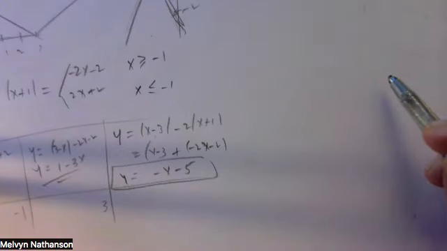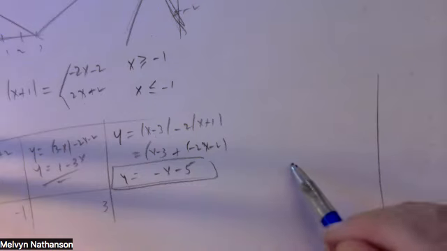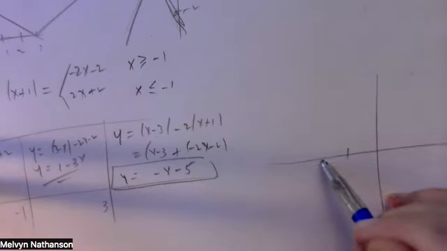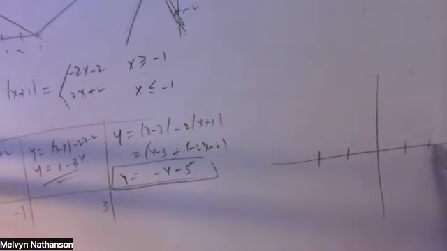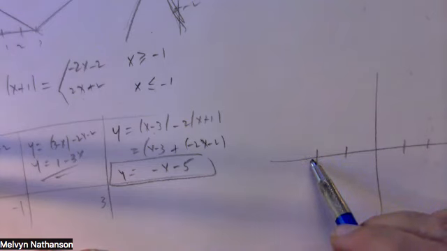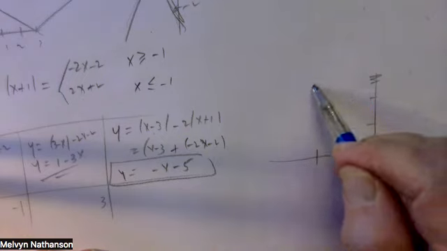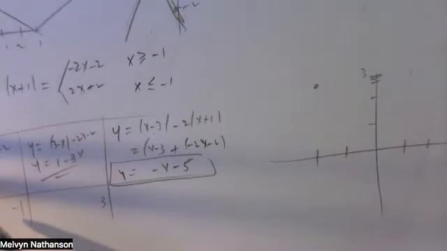So this is how we can describe the function. If I want to graph it, let me try and do that. I want to graph it from -2 to 3. At -2, the value of the function is 3.